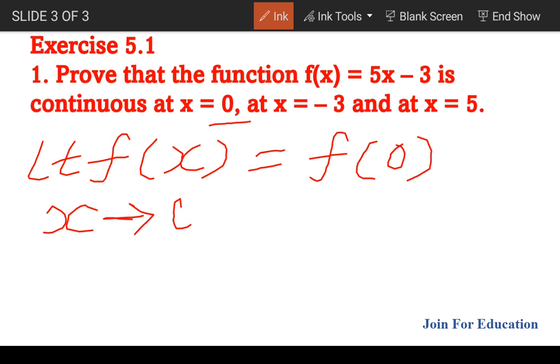Therefore here it will be 0. If these two values are the same or equal, then we say that the given function is continuous at x equal to 0, otherwise not.